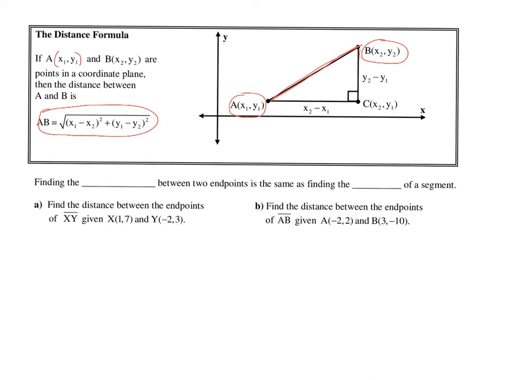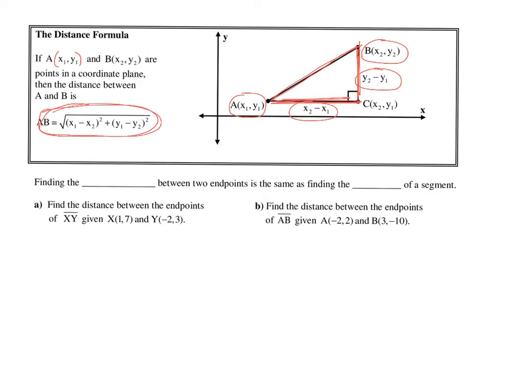All right, so here we have a right triangle. This length here is just the difference of the x's, and this length here is simply the difference of the y's. If we square those and then add them up, eventually we'll get to this formula.